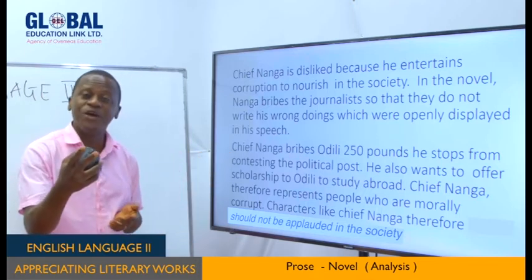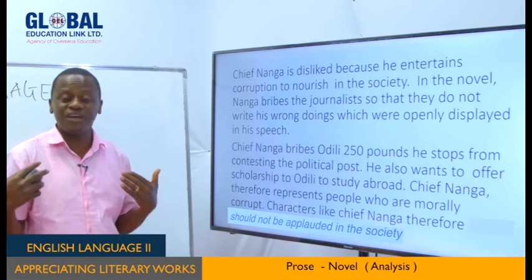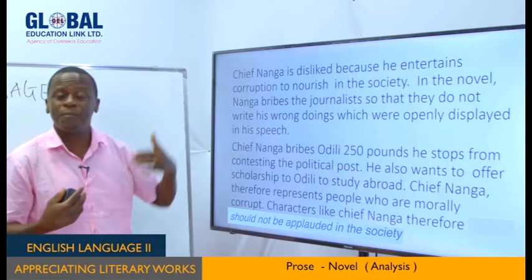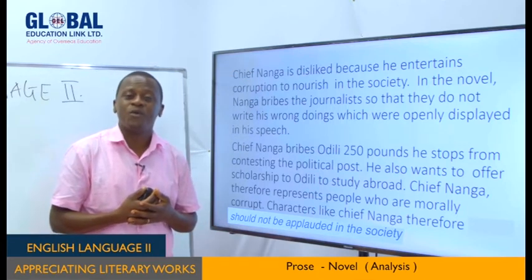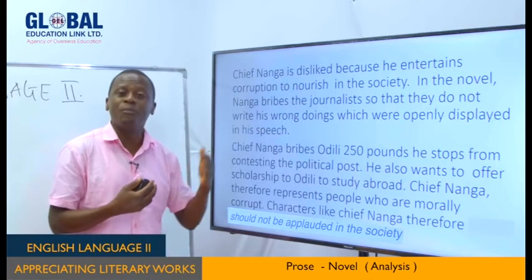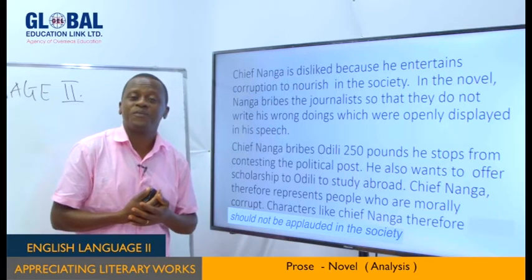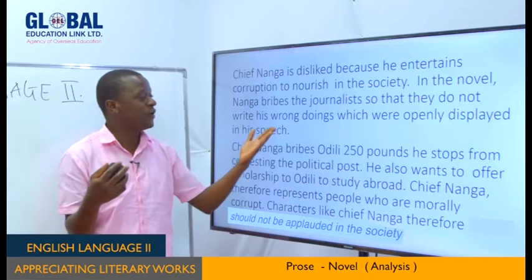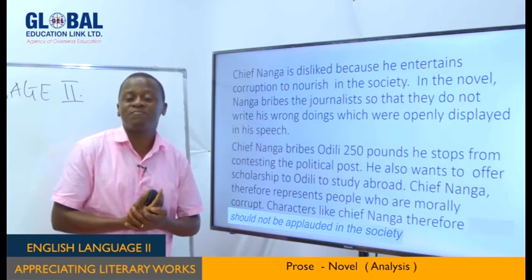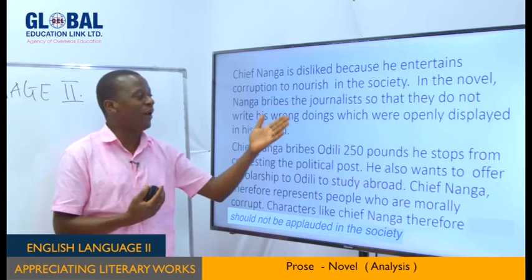Similarly, in our society, we have people of Nanga's type. We have some politicians who have this particular trait of bribing journalists. But again, we also have journalists who accept bribes, who entertain bribes.